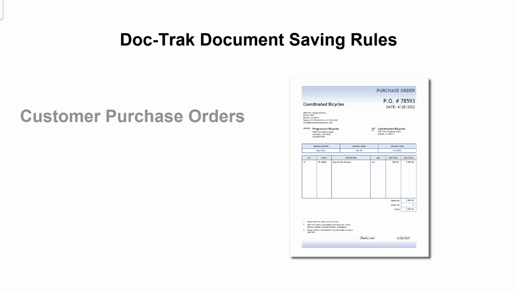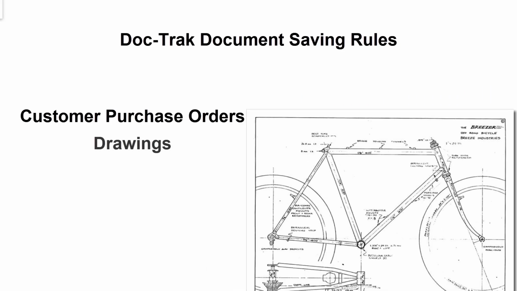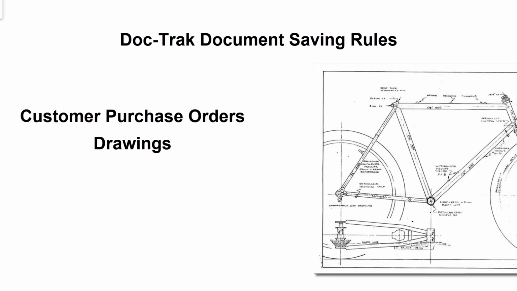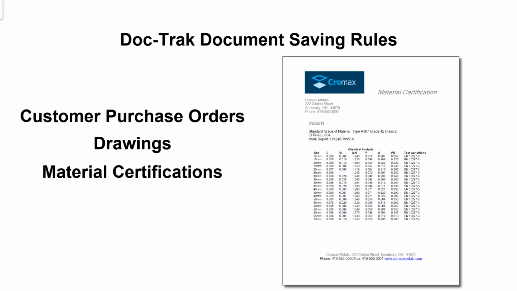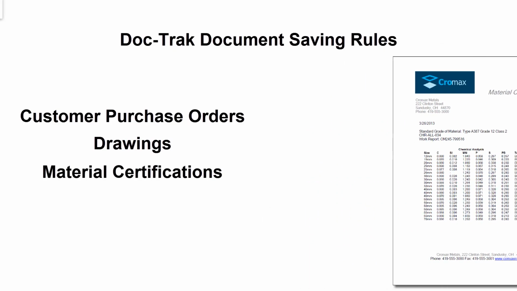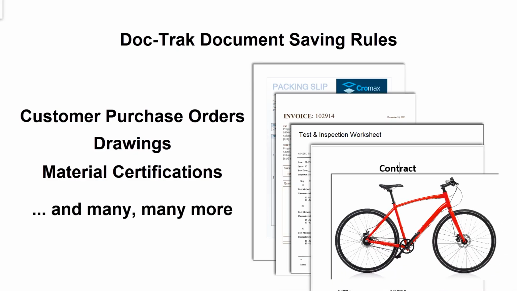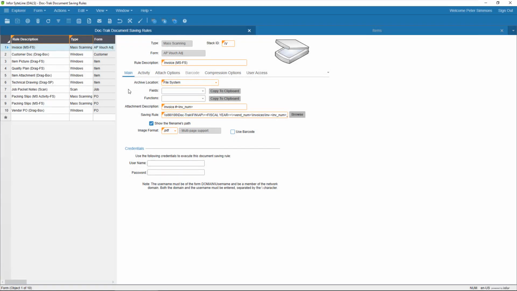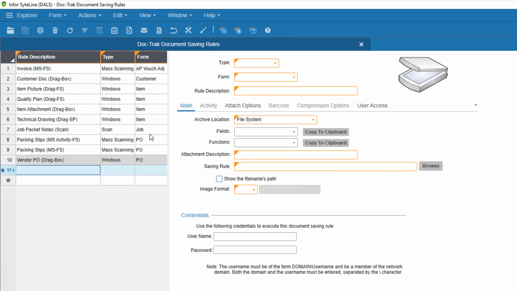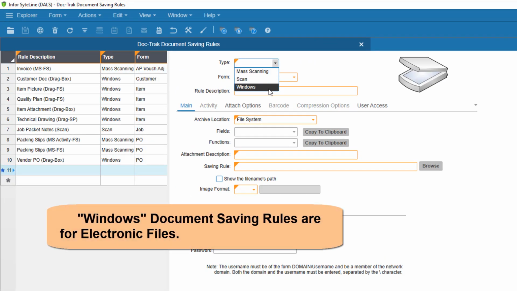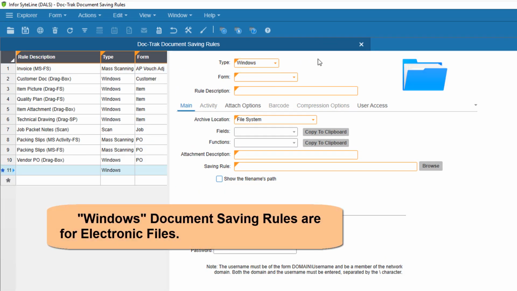You can use them for things like customer purchase orders, technical drawings, material certifications, or hundreds of other types of business documents. Windows document saving rules are for managing electronic files attached to a record.